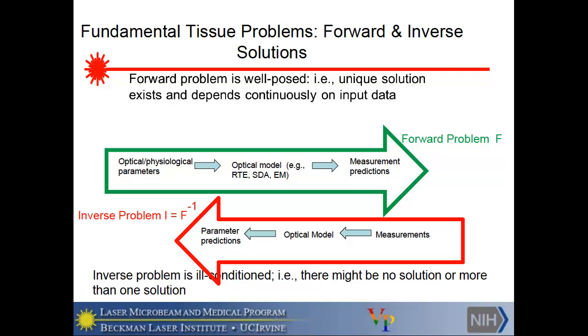So you start with the assumed known optical properties, the data that informs the solution of the equation you're solving, whether it's radiative transport, standard diffusion approximation, or the EM, Maxwell's equations, and you get measurement predictions.